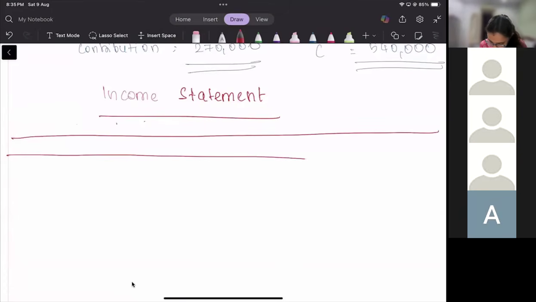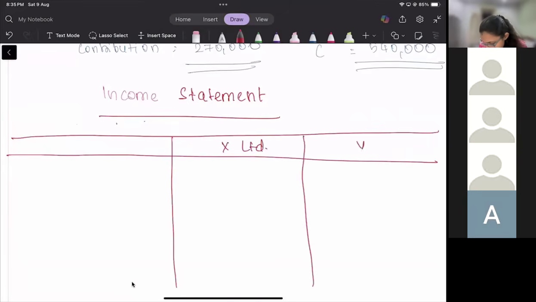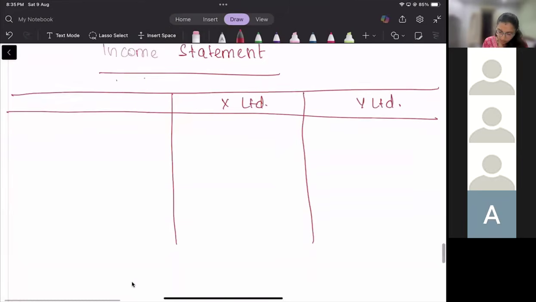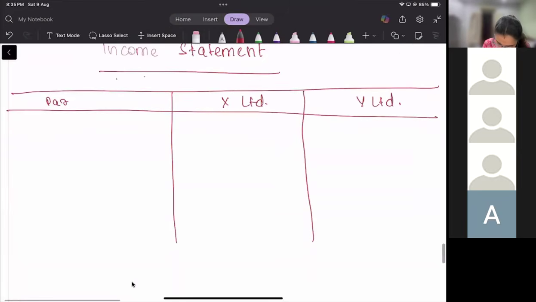So, let's draw the income statement. X Limited, Y Limited. Particulars. As I always say, first complete the format.